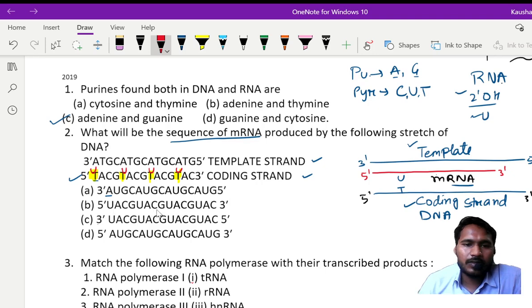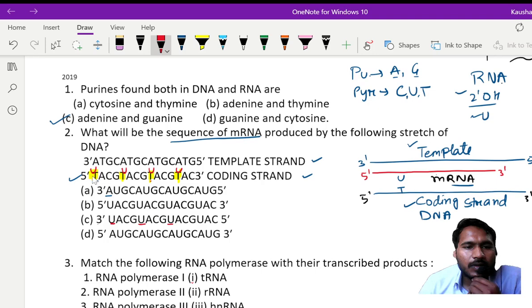Okay, 1, 2, 3, 4. Fine, it is going correct or not? So it is going to be correct only. U A C G. There is one U. After G there will be another U. A C G. Then one A C G. Here this one.